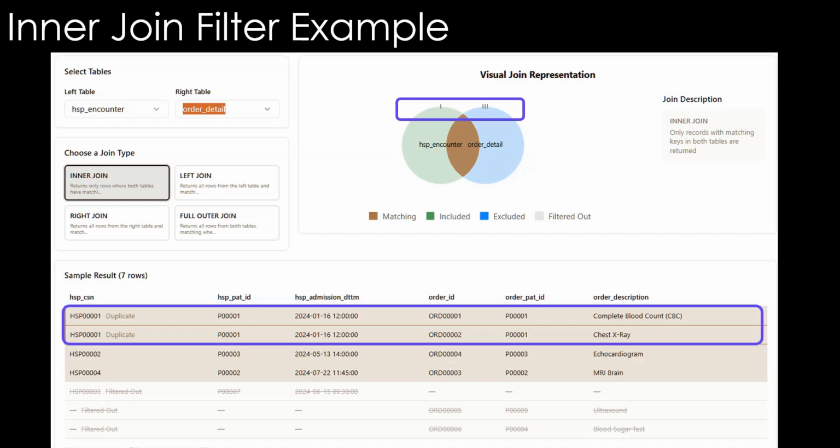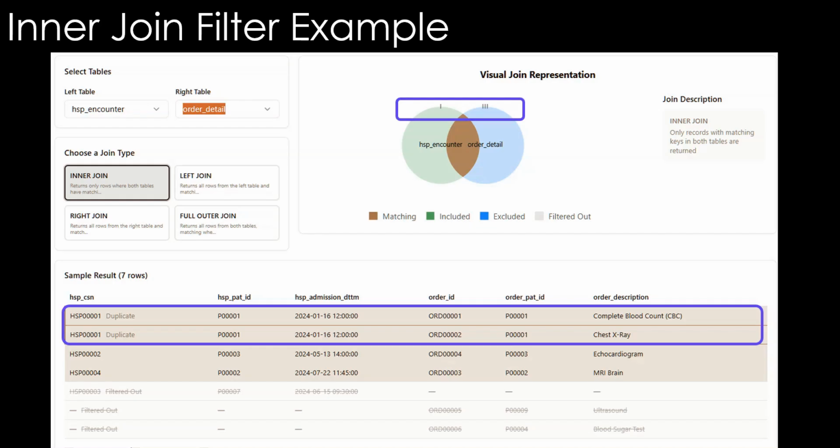That is the other item to be thinking about when you're joining. This isn't specific to inner joins, but it is something that really comes as a risk with many joins, depending on whether there is the possibility for multiple matches between these tables. In these two tables, there is. And that should make sense to you because we've talked about a summary record like hospital encounter and a care detail record like order detail.